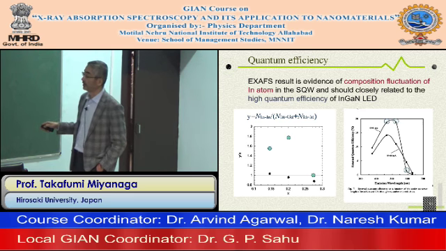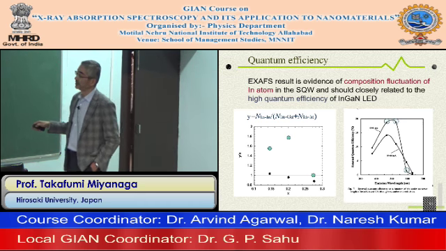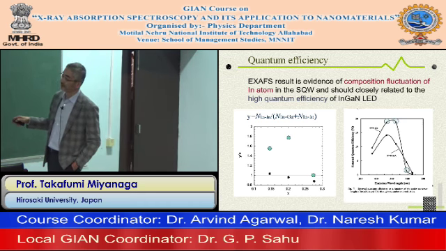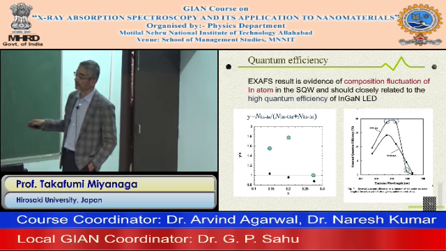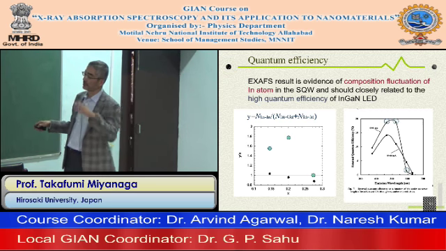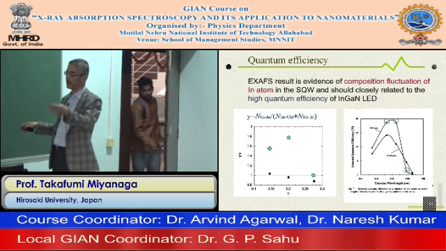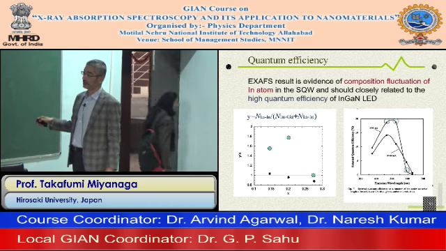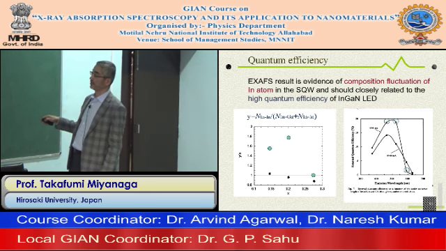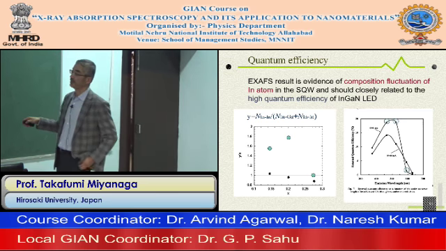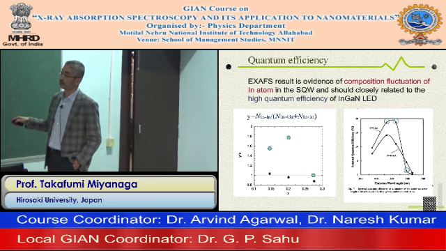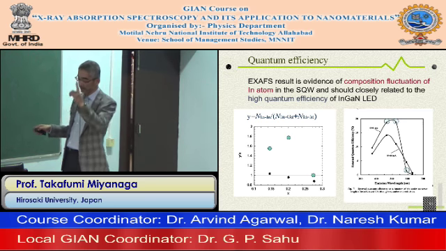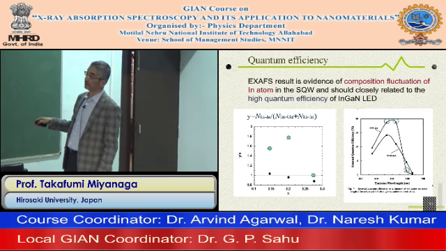The red emission also has very small quantum efficiency. This sample is here. So the random distribution is related to the small quantum efficiency, but the other two have large quantum efficiencies. It shows composition fluctuations out of plane.